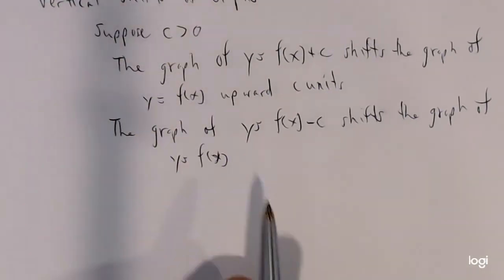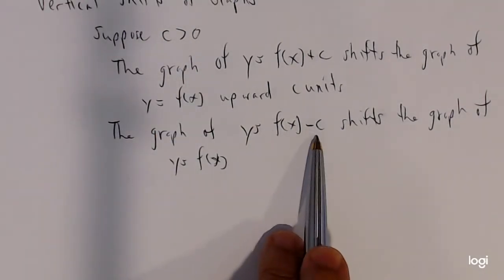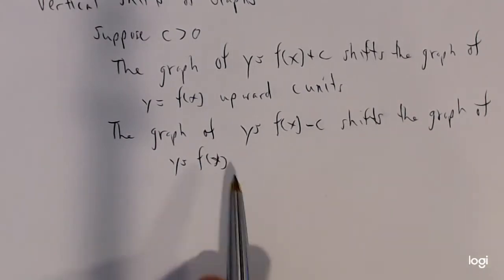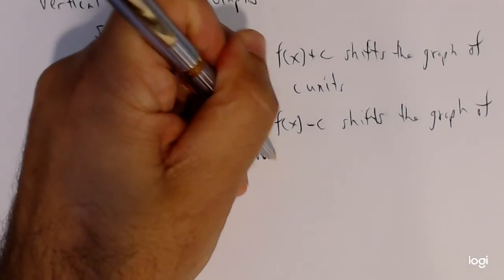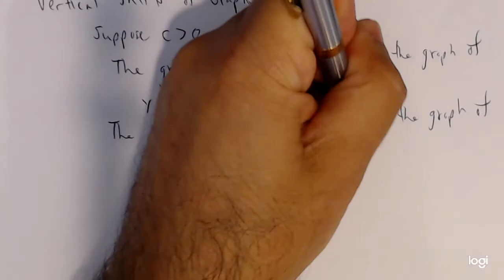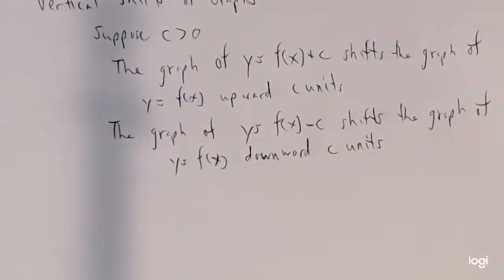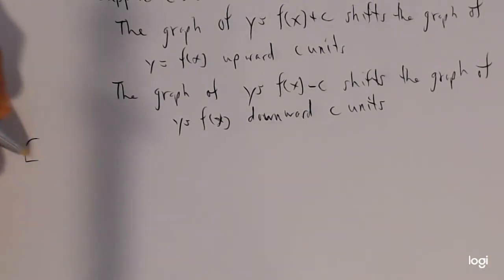Now if I'm subtracting c, hopefully you see why it's important for c to be greater than 0, because then f of x minus c means we're actually subtracting. So f of x is moved downward c units. Okay, with that said, let's look at our first example where we'll put this to use.